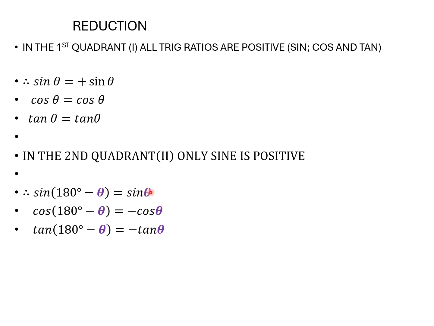So cos of 180 minus theta, I'm going to reduce to theta, but this is second quadrant and cos is negative, so it becomes negative cos theta. And when I say tan of 180 minus theta, in the second quadrant tan is negative, that becomes negative tan theta. So you see each time I've reduced to the acute angle. So I'm taking an angle bigger than 90 and I'm making it less than 90 degrees.